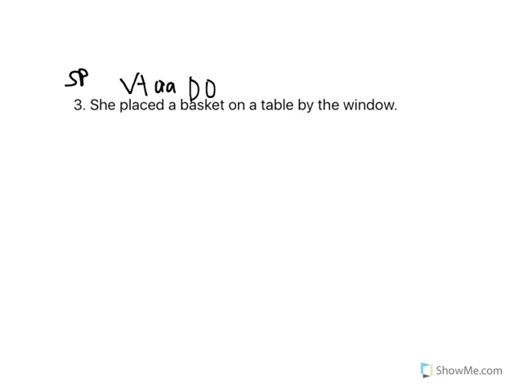Now here we have two prepositional phrases, on a table and by the window. So on is going to be our first preposition, so table would be our next object, and then article adjective. By the window, by is going to be our next preposition, window, object of the preposition, and the is going to be an article adjective.